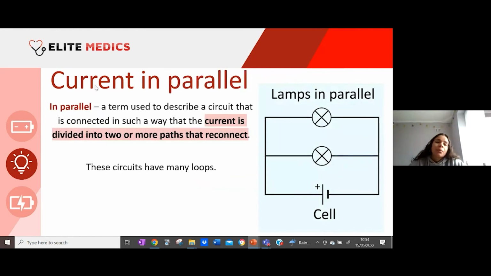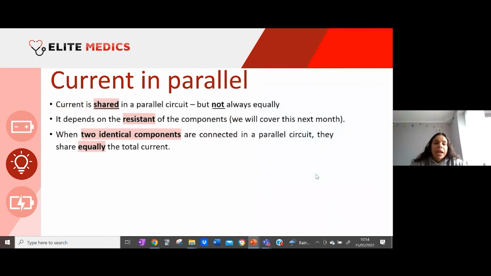So when you've got current in parallel, this describes when your circuit has two loops, like we said earlier. It's like your current divides, and you've got paths that reconnect, and there are many loops. So current gets shared in a parallel circuit, but it's not always equal, and that depends on the resistance of the components.